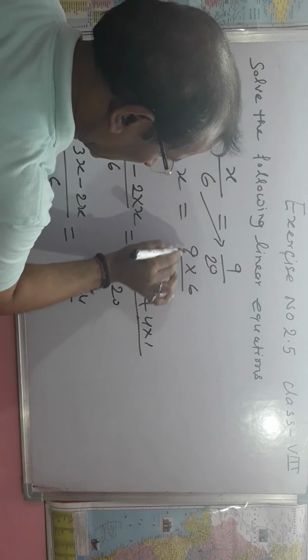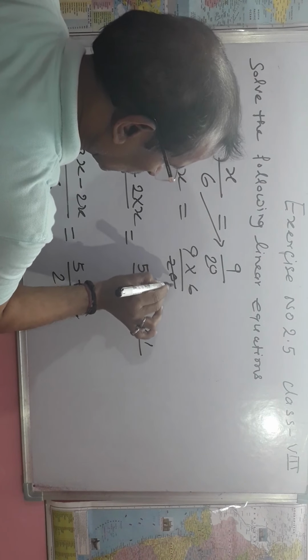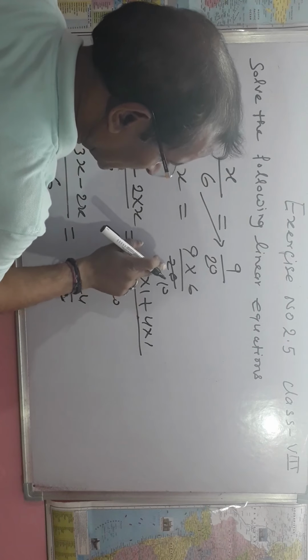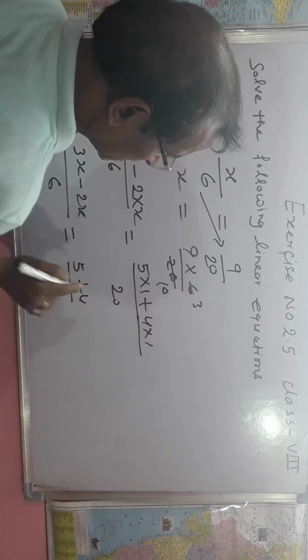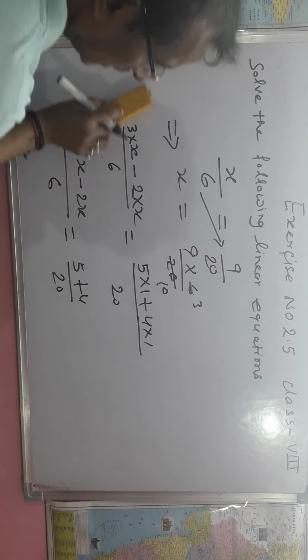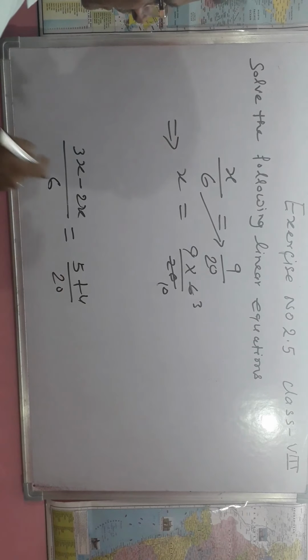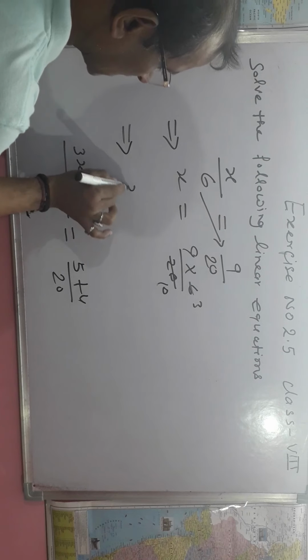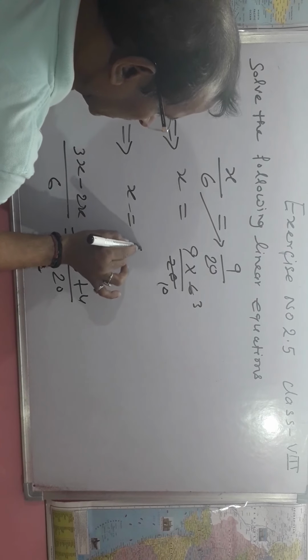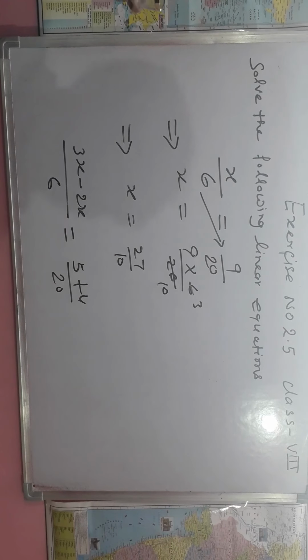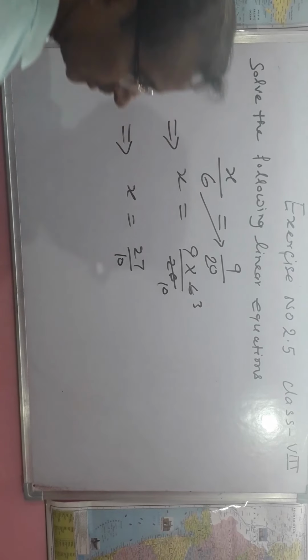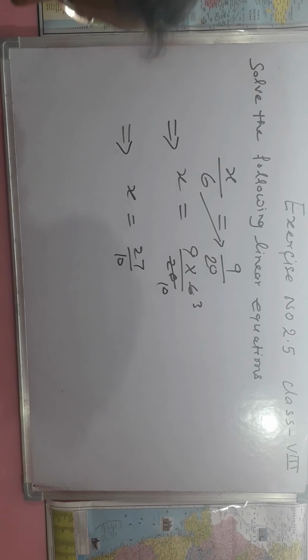Then we get 2 1s are 2 and 0, and 2 3s are 6. 9 3s are 27. Implies x is equal to 27 upon 10. Then x is equal to 27 upon 10. It is the value. Now we take another question.